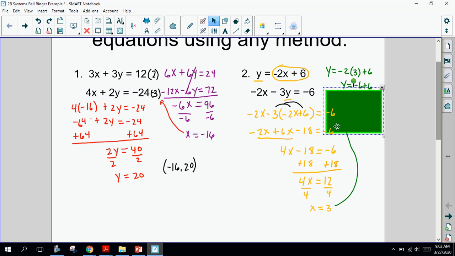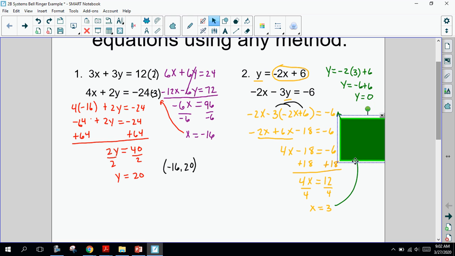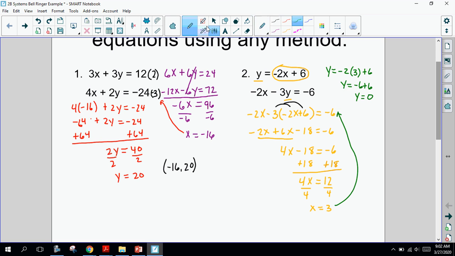When I multiply the negative 2 times 3, I get negative 6. And then as I get the negative 6 plus 6, I get the y value of 0. So my final answer for this is an ordered pair again, and it is the point where x is 3 and the y value is 0.